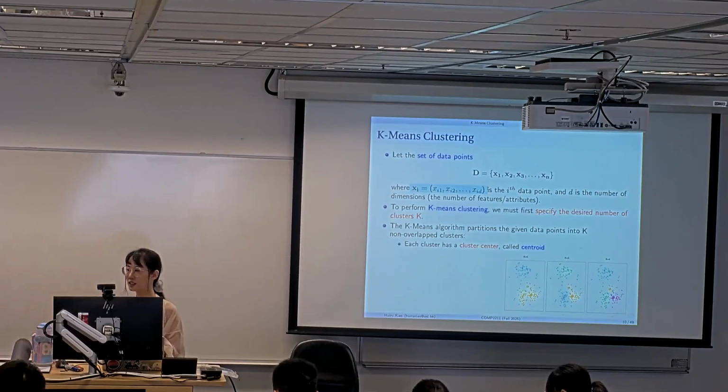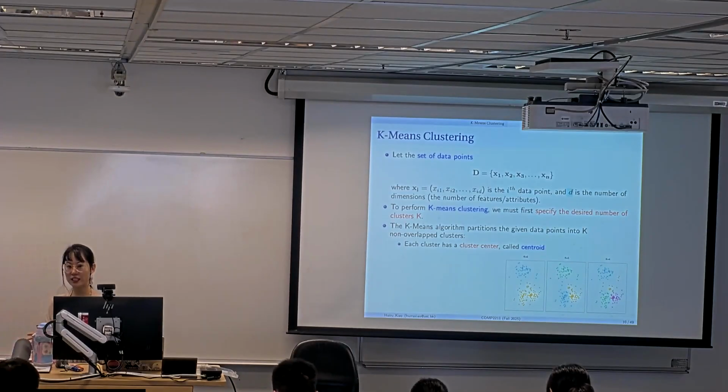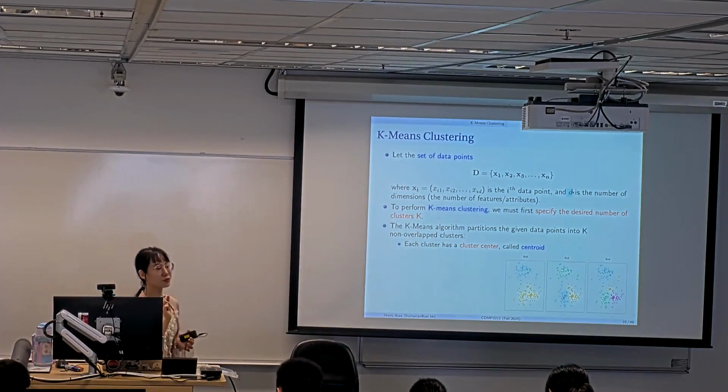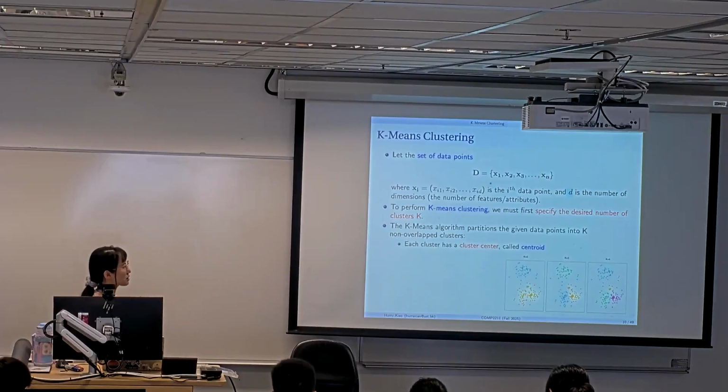What is D here? D is the number of dimensions or the number of features, attributes. So you can regard this big D, the set of data points, as a big matrix. So each row, again, is one data point. And each row, the vector representing the data point, contains D features. And that's all. We do not have the labels. Right? It's clustering, it's unsupervised learning. We are only provided with this big D without any labels, only the features.